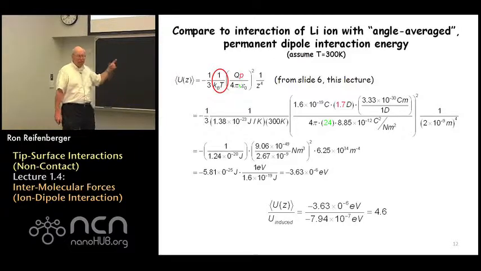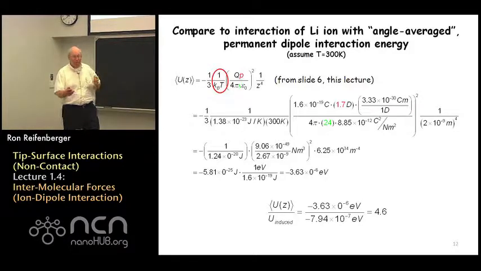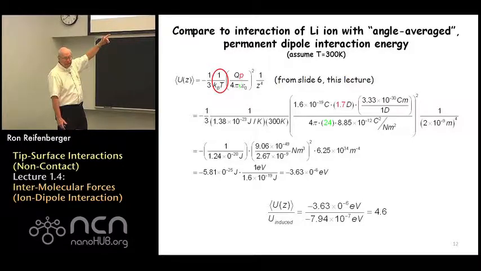What you can see is that the interaction due to the permanent dipole moment is about 4.6 times as large as that produced by the induced interaction. This is, of course, all for 2 nanometer separation. The ratio of these two numbers clearly is going to depend on the, well, actually, it won't depend, because both interactions vary as 1 over z to the 4th.